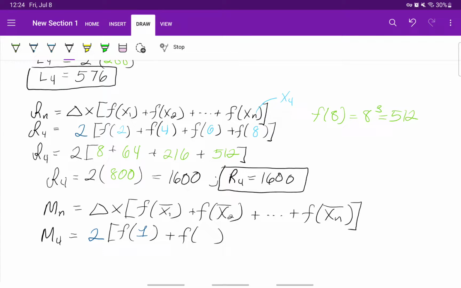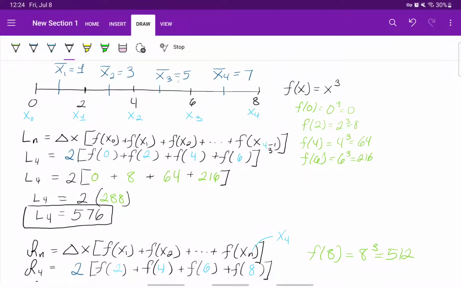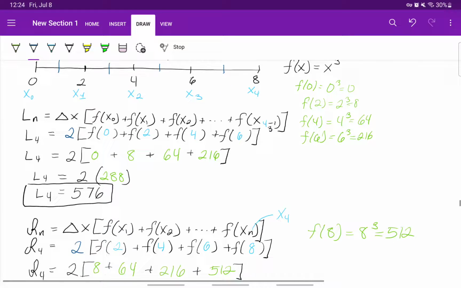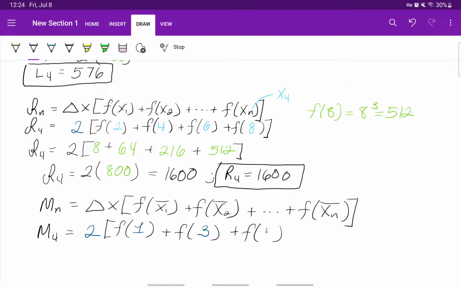X bar 2 is 3. Plus f of x bar 3, that is 5. Plus f of x bar 4, x bar 4 was 7.